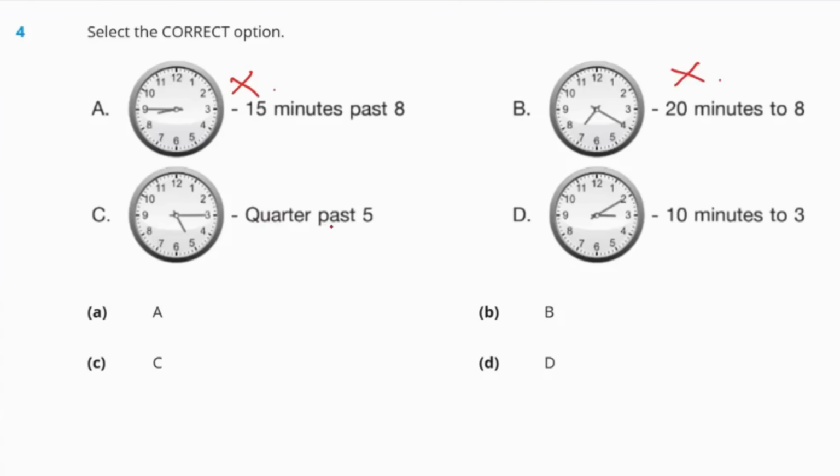Third one, quarter past 5, it is correct. And the last one, 10 minutes to 3, that is also incorrect. So the correct option is option C, quarter past 5.